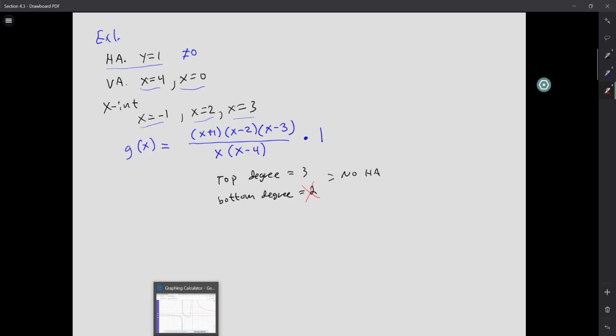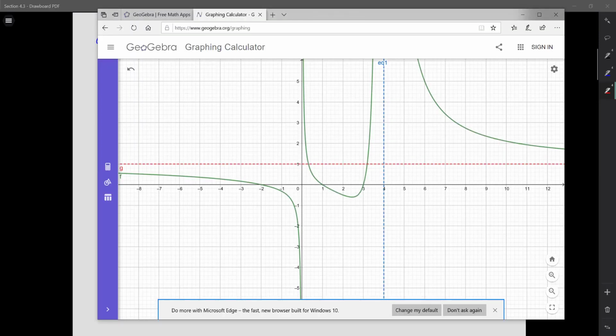So let's go back to our graph. And we see that we had 2 different vertical asymptotes. There's one here at 0, and the graph goes in opposite directions there. But there's another here at 4, and the graph goes in the same direction there. Both sides go straight up. Now what that means is it actually works just like multiplicity for roots.